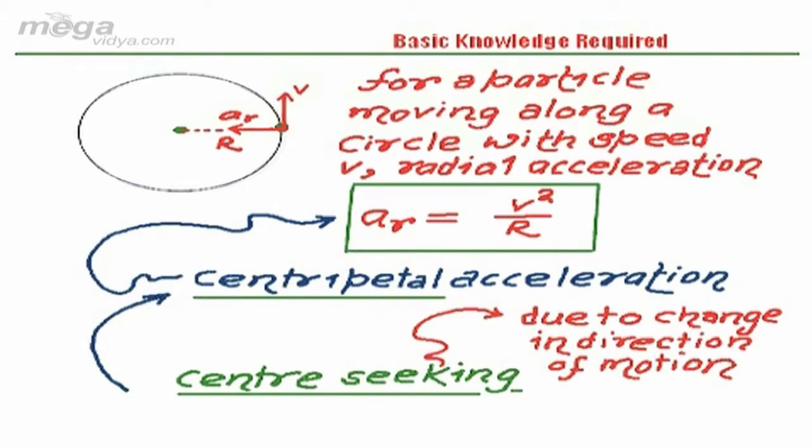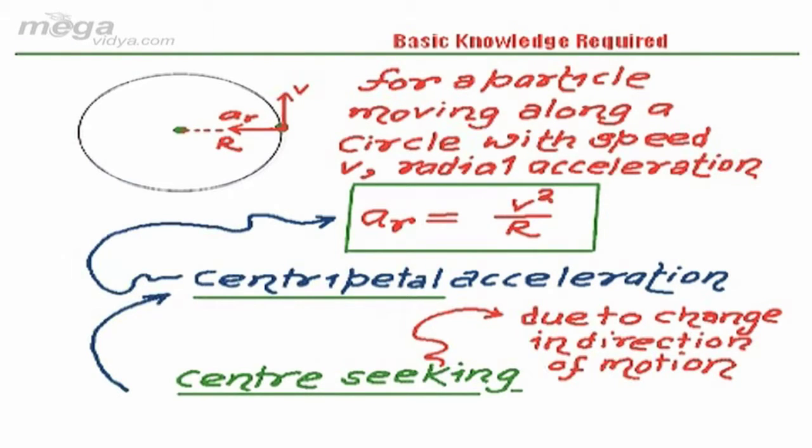Centripetal means it is the acceleration which is center seeking. Center seeking means its direction is always along the radius towards the center of the path.